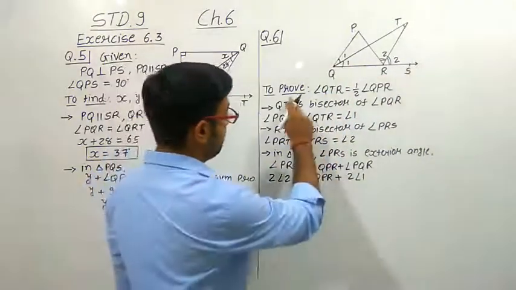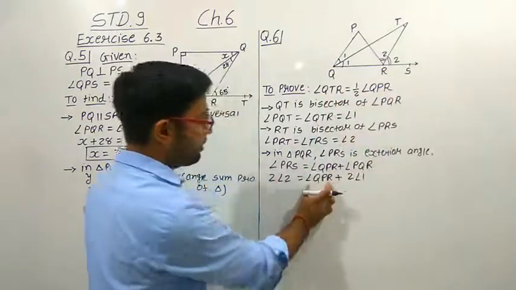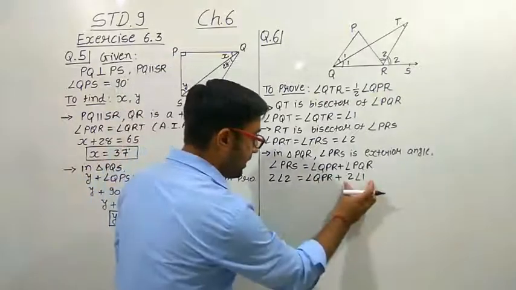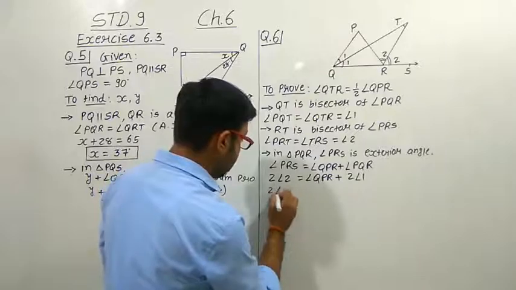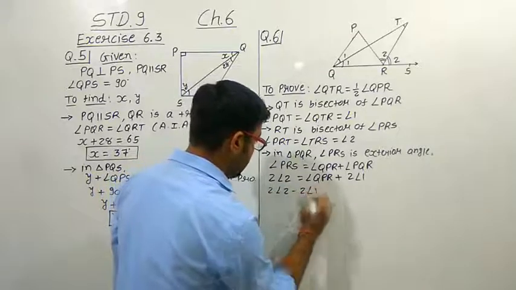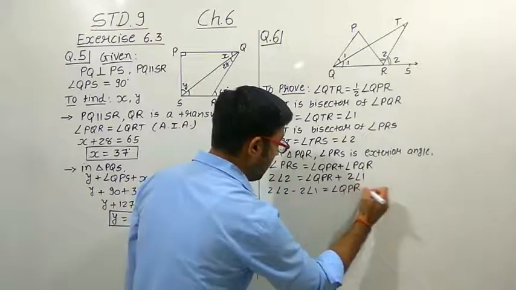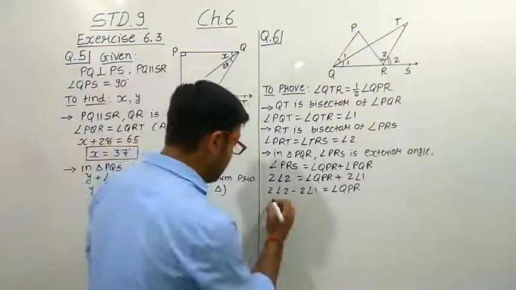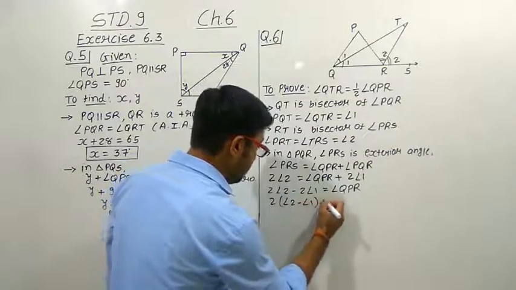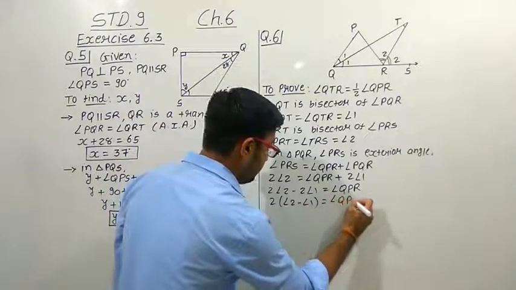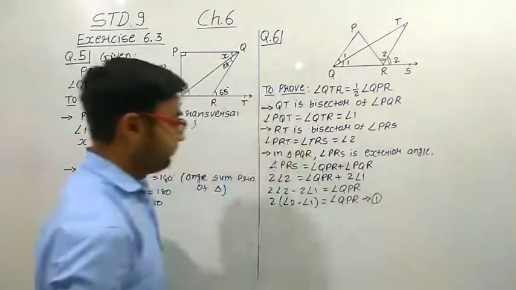So in whatever we have to prove, we require the angle QPR. When we make QPR the subject and take this to the left hand side, what will happen? 2 times angle 2 minus 2 times angle 1 equals angle QPR. When we take 2 as common, we get 2 times (angle 2 minus angle 1) equals angle QPR. Right? Give it equation number 1.